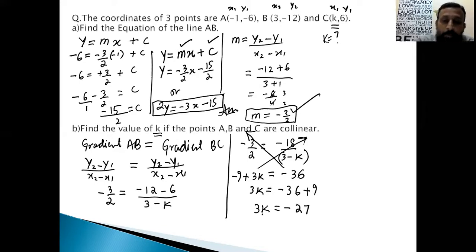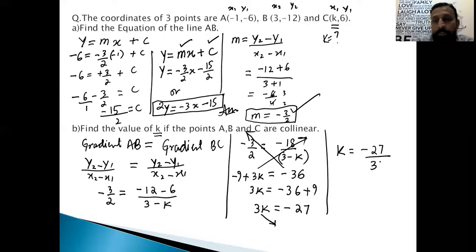Now move this 3 to the other side, so k equals minus 27 upon 3. 3 ones are 3, 3 nines are 27. So our answer is k equals minus 9. I hope your concept is all clear now.